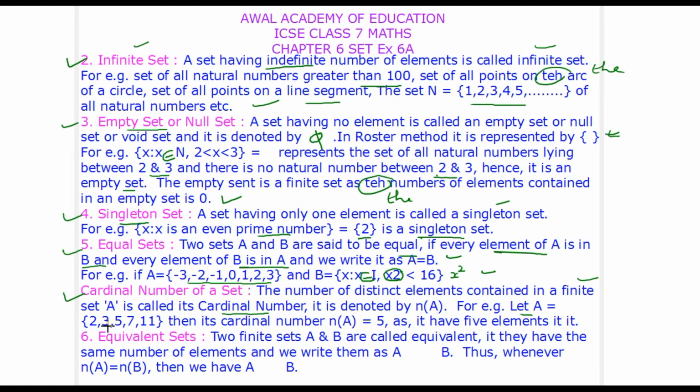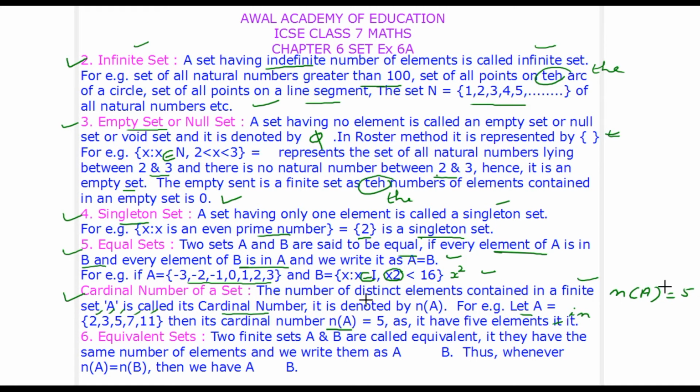Here there are 5 elements, 1, 2, 3, 4, 5. So its cardinal number would be n within round bracket A equal to 5, as it has 5 elements in it. Right, so its cardinal number is 5. Cardinal number is always written in this way, n round bracket A.